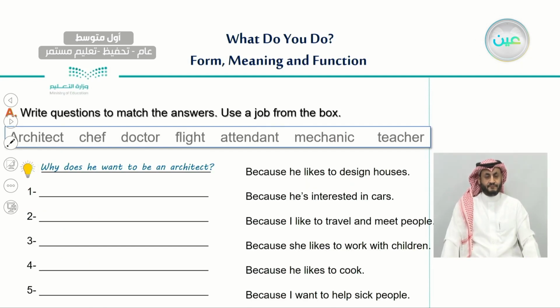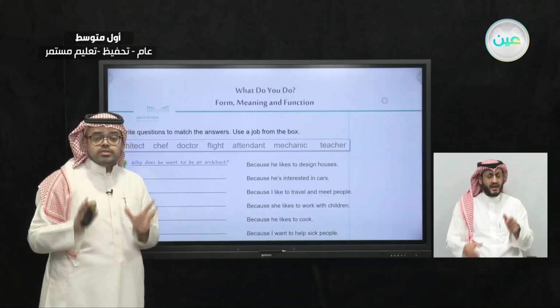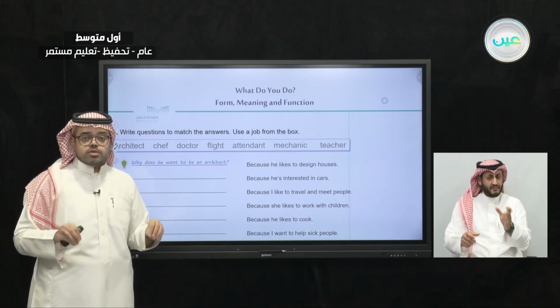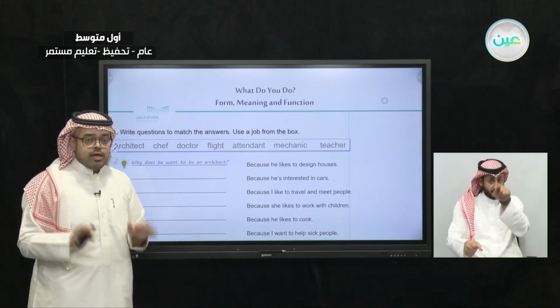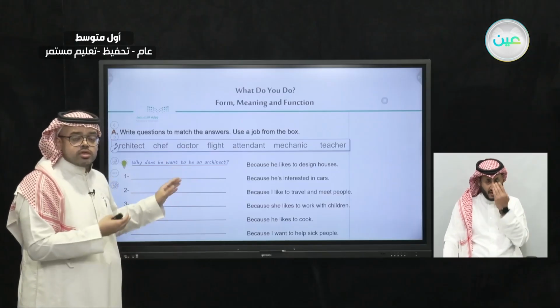And now let's move to exercise number A, where we'll have different answers and we need to make questions about those answers. So write questions to match the answers, use a job from the box. So let's first read the example. After we read the example, we can think of the question that we can make.